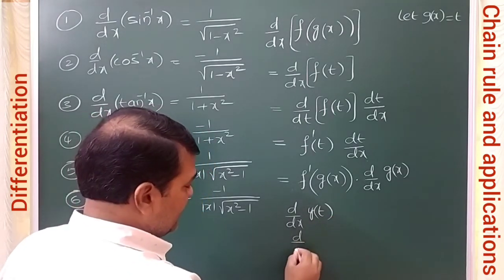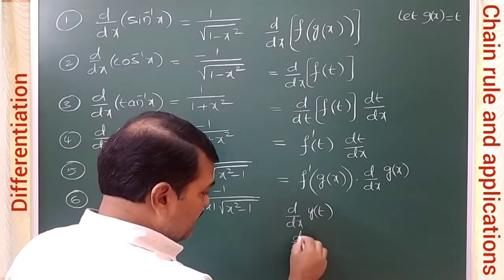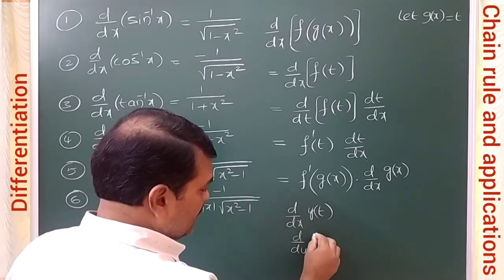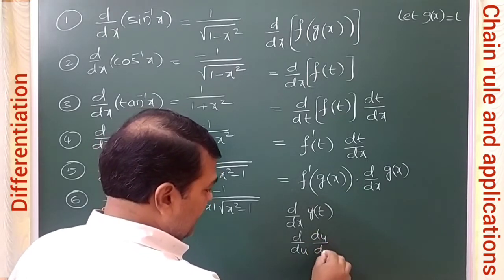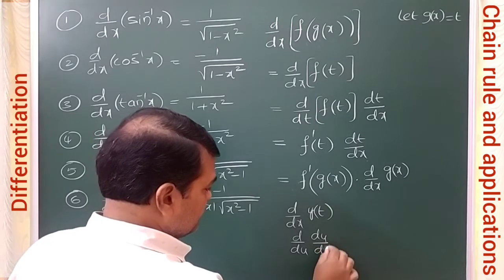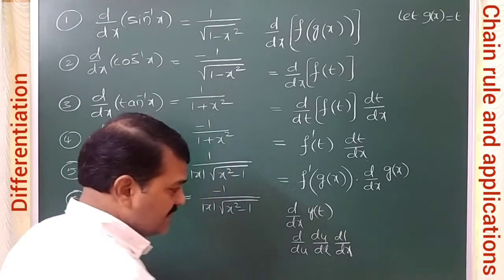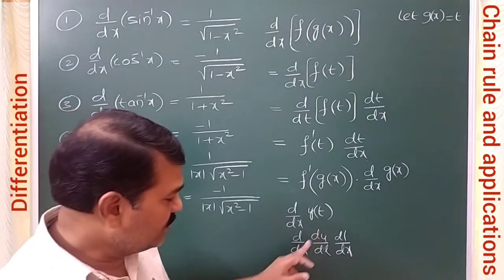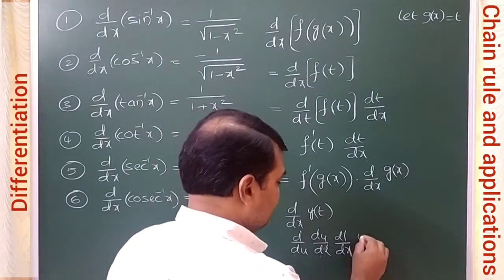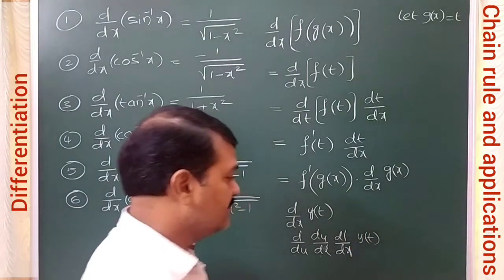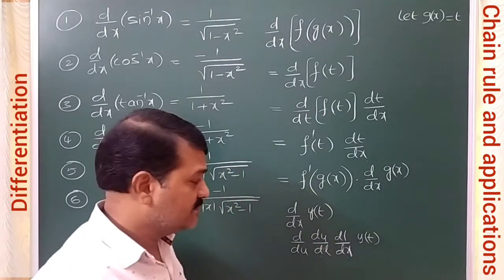Then I can write this as d by du, du by dl, dl by dx. So du you can remove, dl you can remove, and d by dx only will come. So three times I have extended the chain.